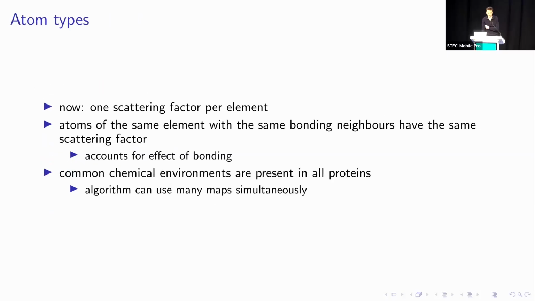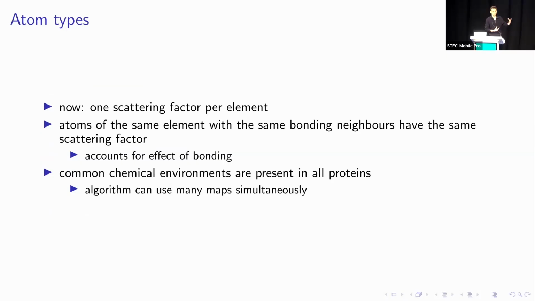So a word on these atom types. As I've mentioned, at the moment we have one scattering factor per element that's pre-calculated and tabulated, and we want to generalize that approach. And now we're going to say that atoms of the same element that have the same set of bonding neighbors share a scattering factor.